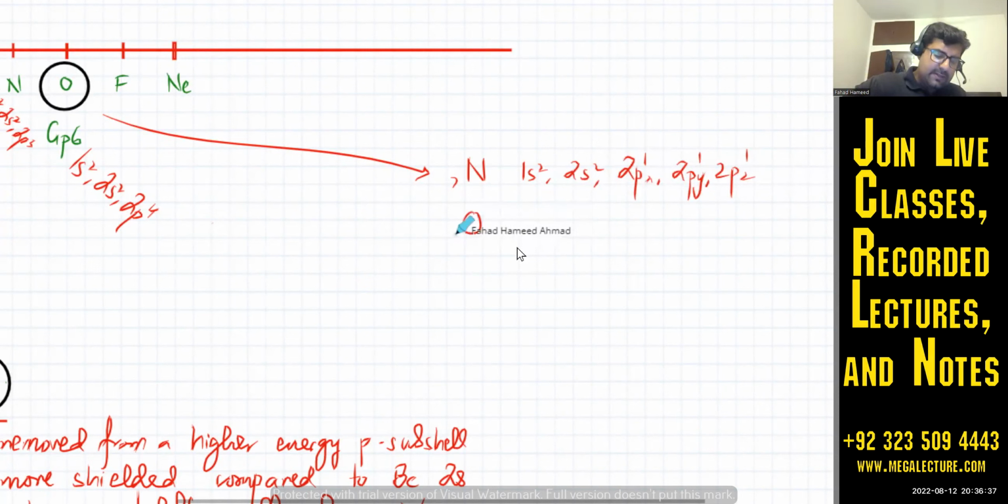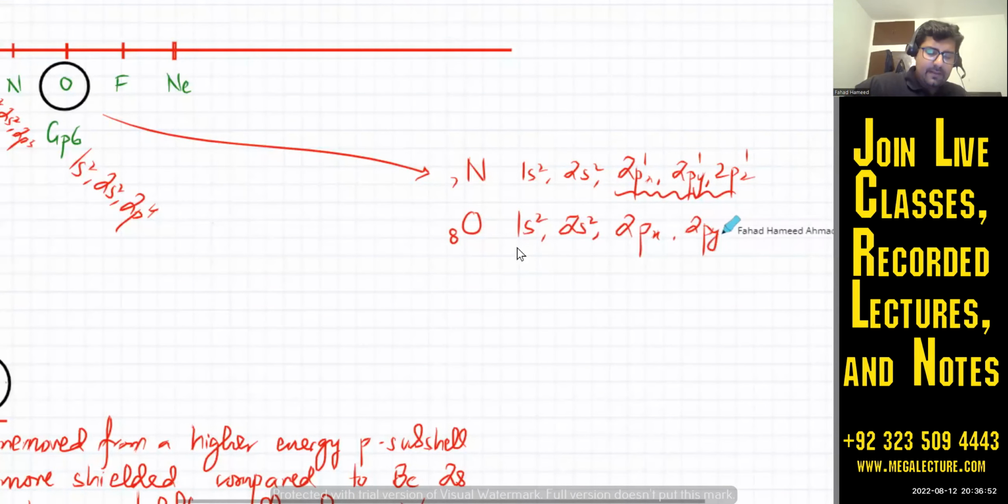When you move to oxygen, which has 8 electrons, it's 1s2, 2s2, and 2p4. So 2p4 means each of 2px, 2py, and 2pz will be filled first, and then one of them will have 2 electrons.